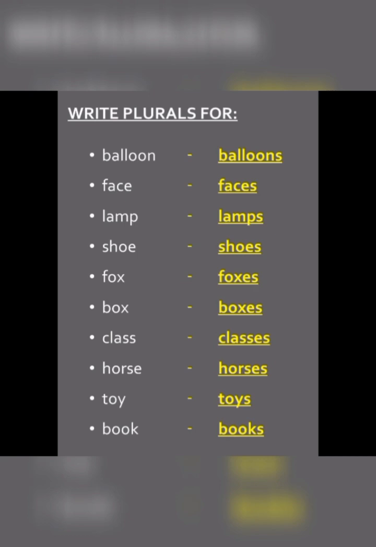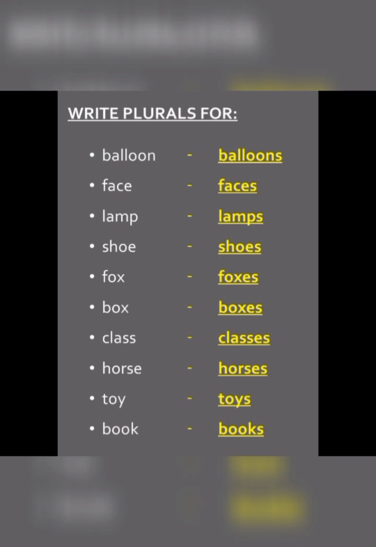Balloon, balloons, B-A-L-L-O-O-N-S. Face, faces, F-A-C-E-S. Lamp, lamps, L-A-M-P-S. Shoe, shoes, S-H-O-E-S.